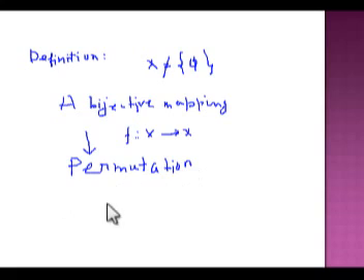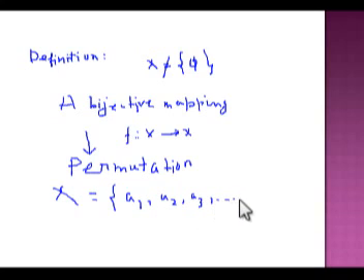Now if we take X has n elements, these are a1, a2, a3, up to an, then the symbol of the permutation is f.